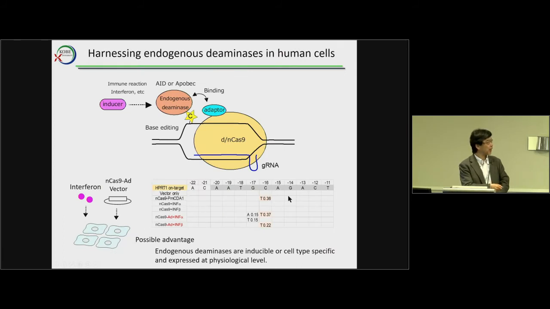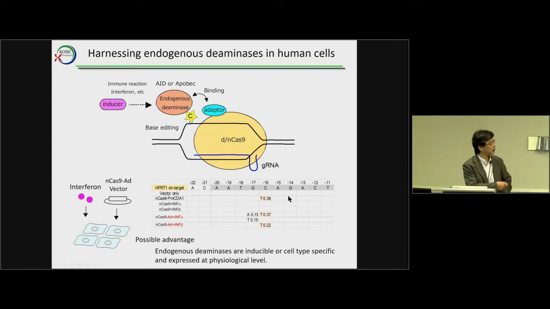So then if you try this for therapeutics, the size of the editing system is pretty important. This Cas9 system already has a 4 point something kilobase size, and this AID system also has 800 base pairs.